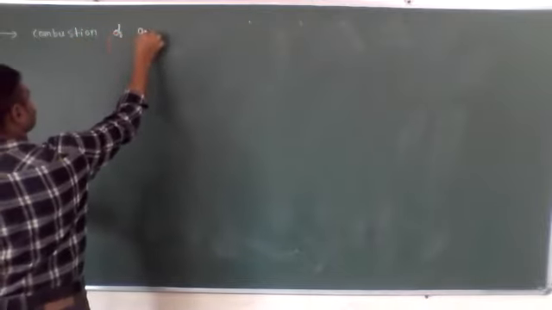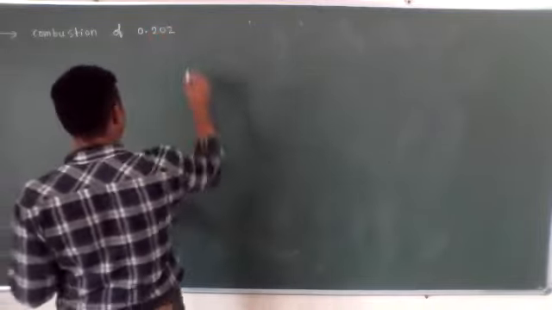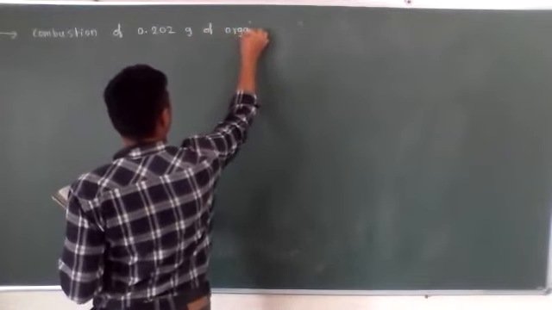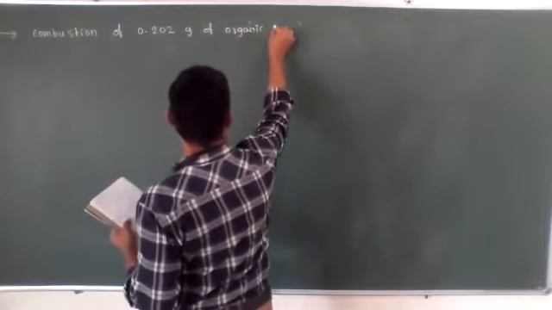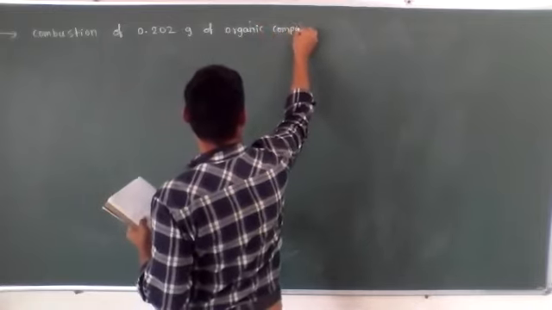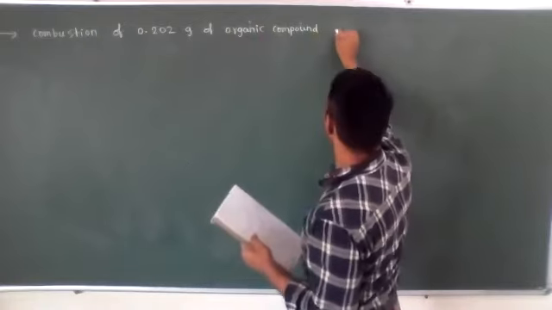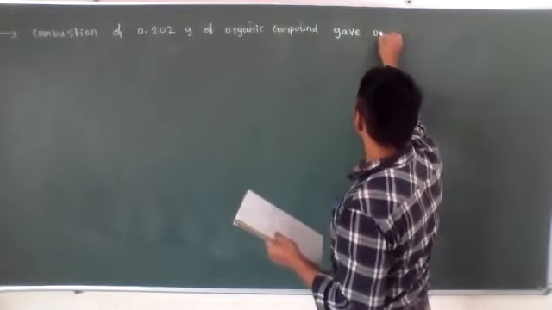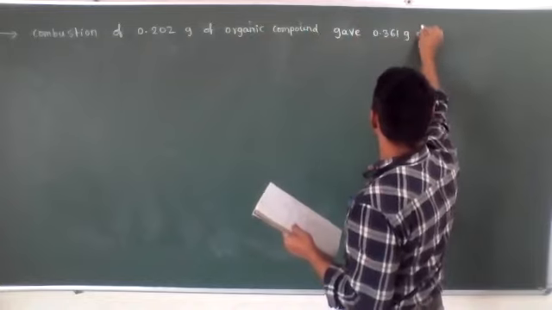See. Combustion of 0.202 grams of carbon compound or organic compound gave 0.361 grams of CO2.